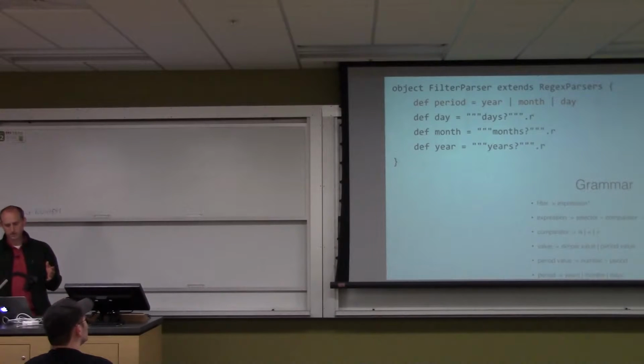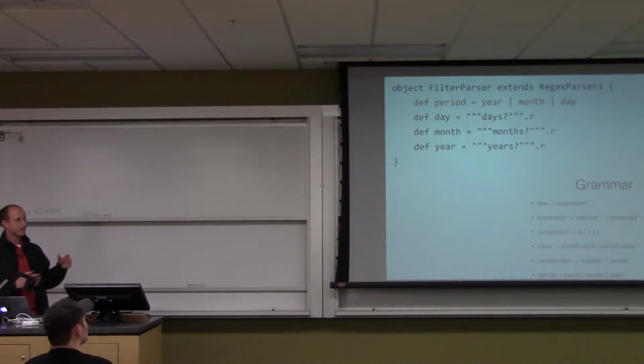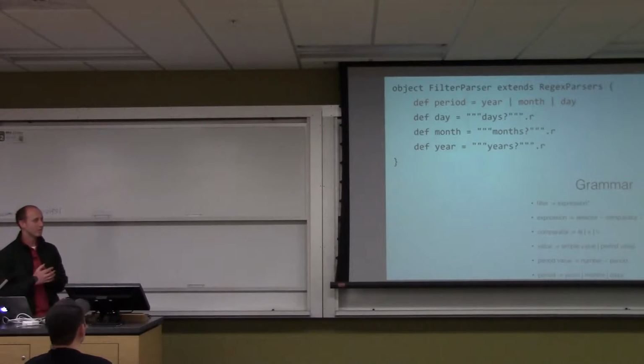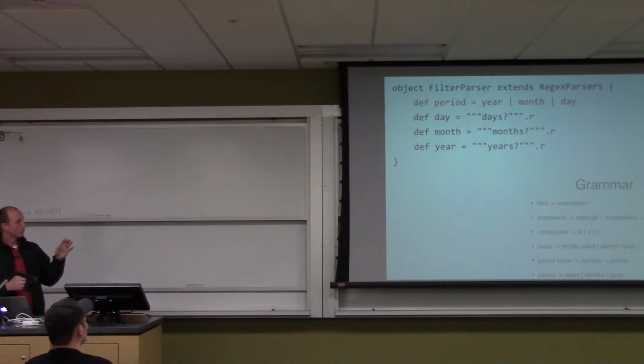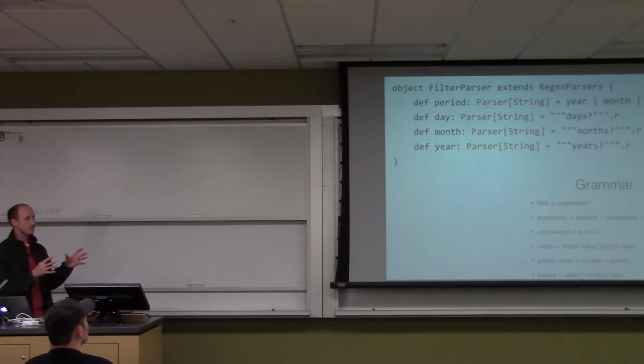If you're new to RegexParsers, you might look at this and be confused because it looks like day, month, and year are regular expressions, and now you're ORing regular expressions, and it's like, what does that even mean? If you looked at a Scala regex class, it doesn't even have that operator implemented. So what's actually happening here is that RegexParsers, the parent class, converts the regular expression into a parser, which is capable of parsing a string as that regular expression.